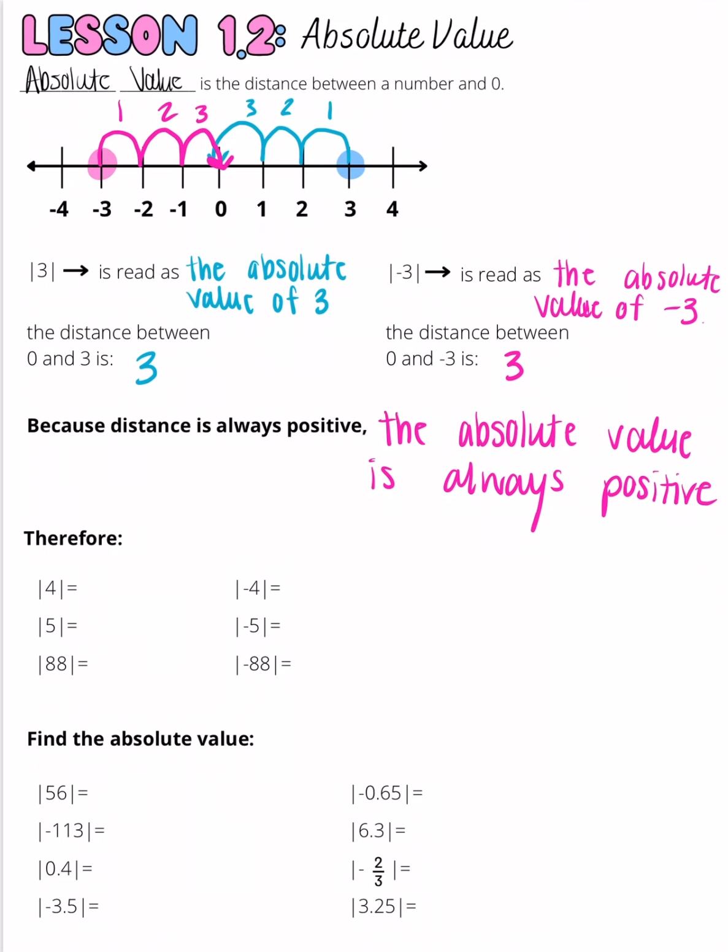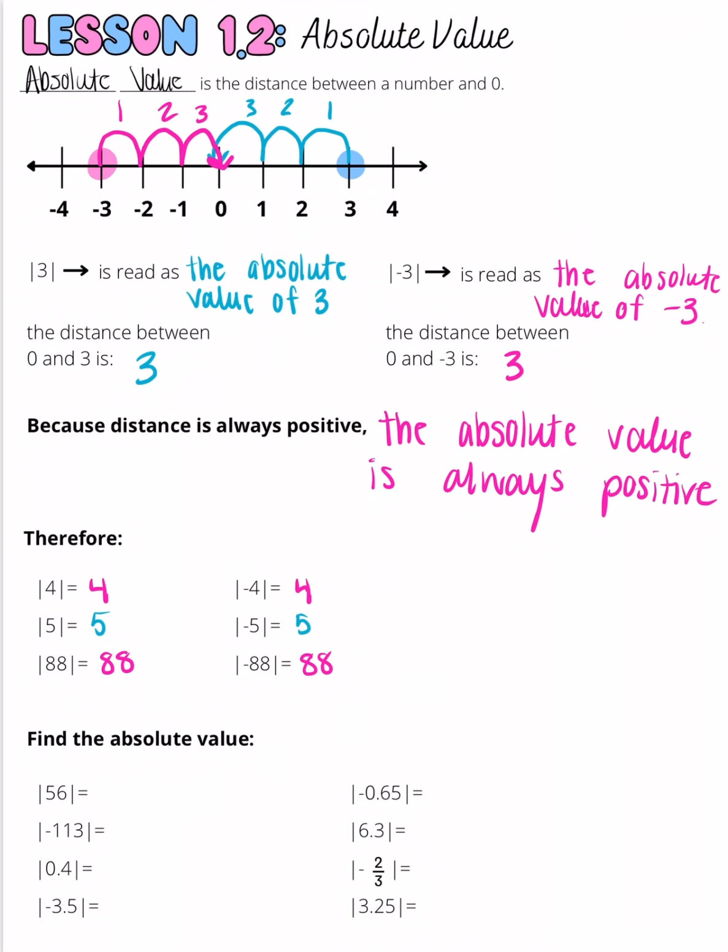So the absolute value of 4 is 4, and the absolute value of -4 is still 4 because their distance is the same. So 5 and -5, it would be 5. The absolute value of 88 is 88. The absolute value of -88 is 88. So all you're having to do is take the positive of it because it's just talking about the distance from 0. How far away is this number from 0?